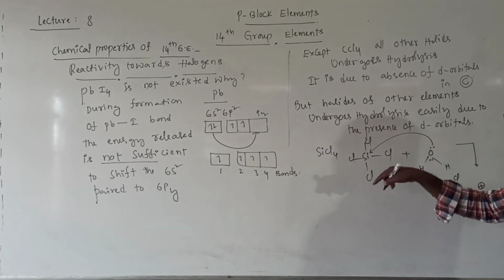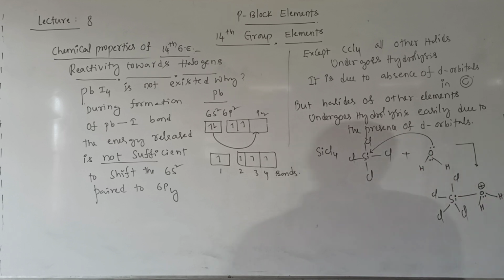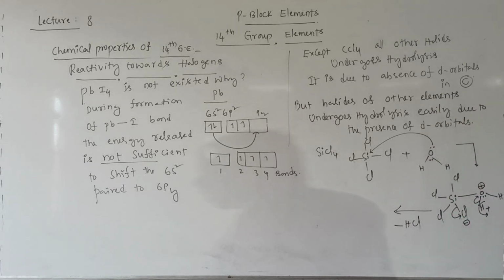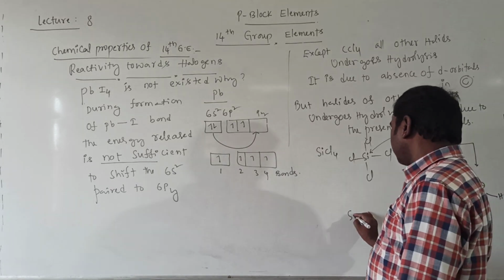Oxygen is donating, nothing but losing electrons, that's why plus, deficient. And these 2 electrons are shifted here. So H will be plus, losing electrons. Cl gains electrons. Gain means it becomes minus. H plus and Cl minus are removed as HCl. What is left here? Si.